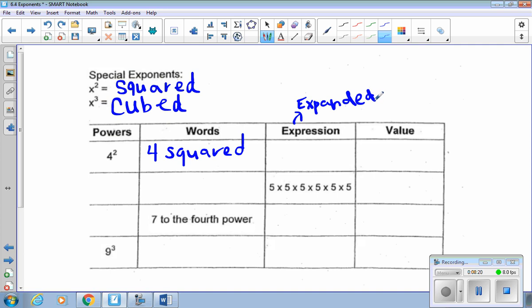So the expression form of 4 squared would be 4 times 4. Not too hard.